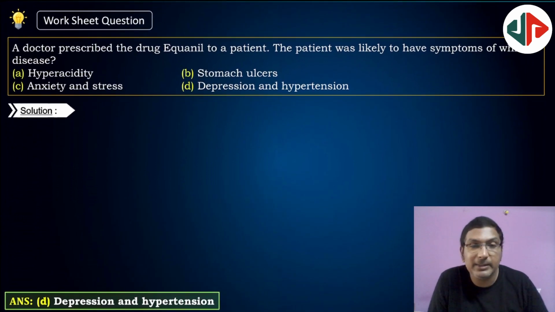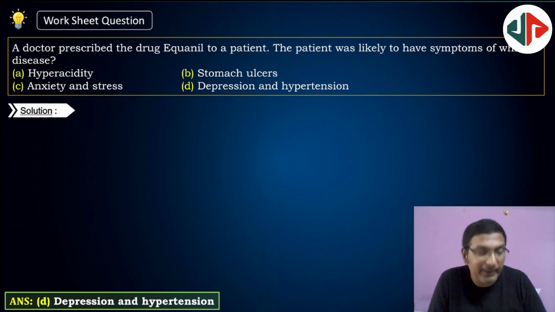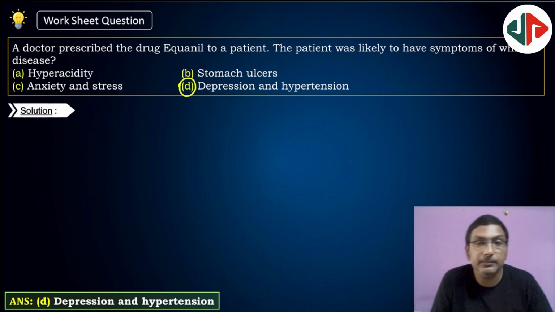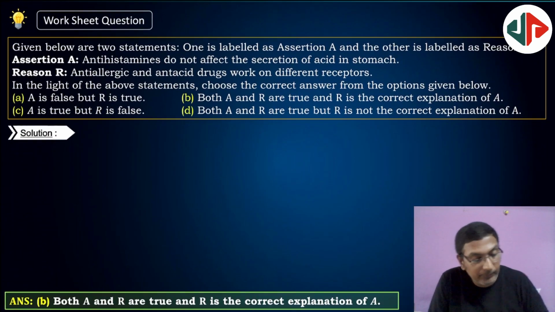A doctor prescribed Equanil to a patient. The patient was likely to have symptoms of which disease? So depression and hypertension. Equanil is tranquilizer that can reduce depression and hypertension. So option D. Next.